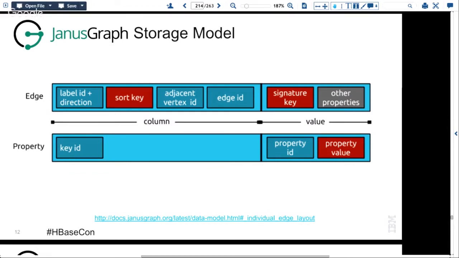So the important thing to note is that it has the label ID, which is the type of the relationship, and also the sort key. Sort key is a property on that relationship. For example, you're a friend with someone, and when did you start becoming a friend of that person?